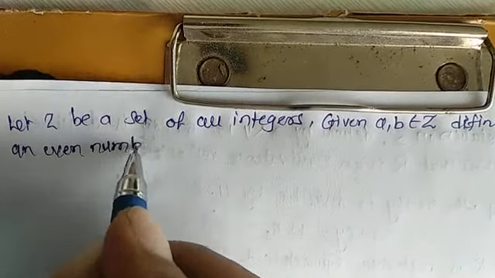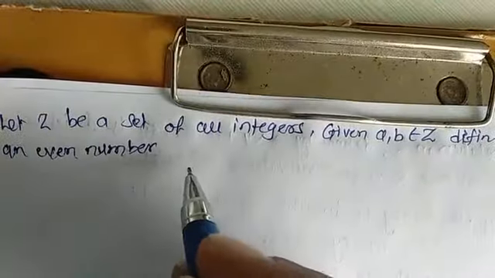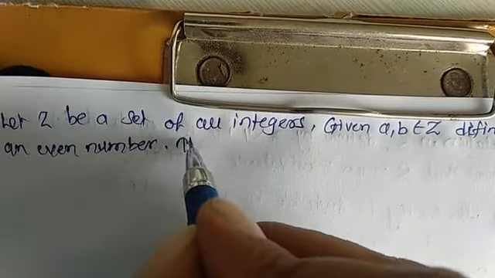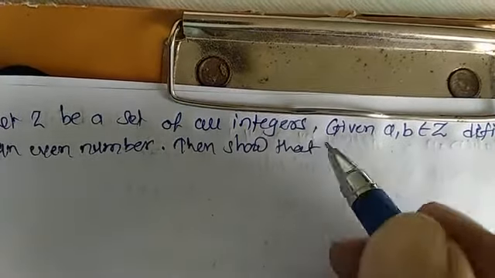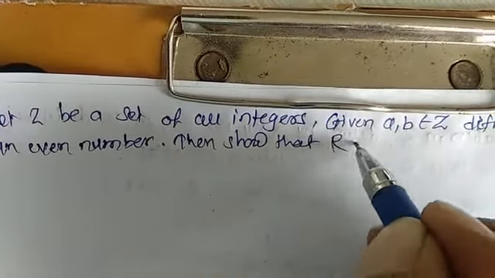Now an even number means it should be a multiple of 2. Then show that R is an equivalence relation on Z, and also find the equivalence class of 2 and 3.